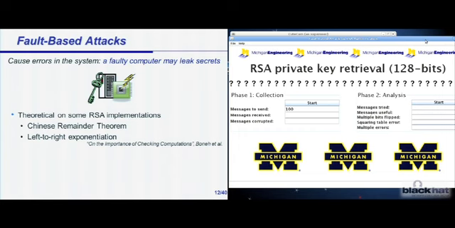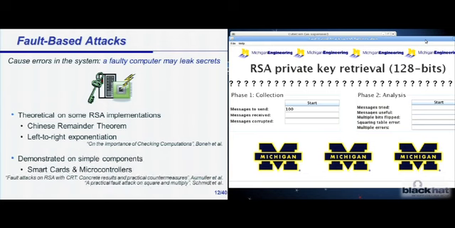And they particularly showed this for the Chinese Remainder Theorem algorithm, which is a classic algorithm used to implement RSA authentication because it's very efficient, computationally efficient, so it's fast. You don't want to wait forever for your message to be encrypted. So it has a good benefit there. So they showed this mathematically. They didn't actually show it on a real system.